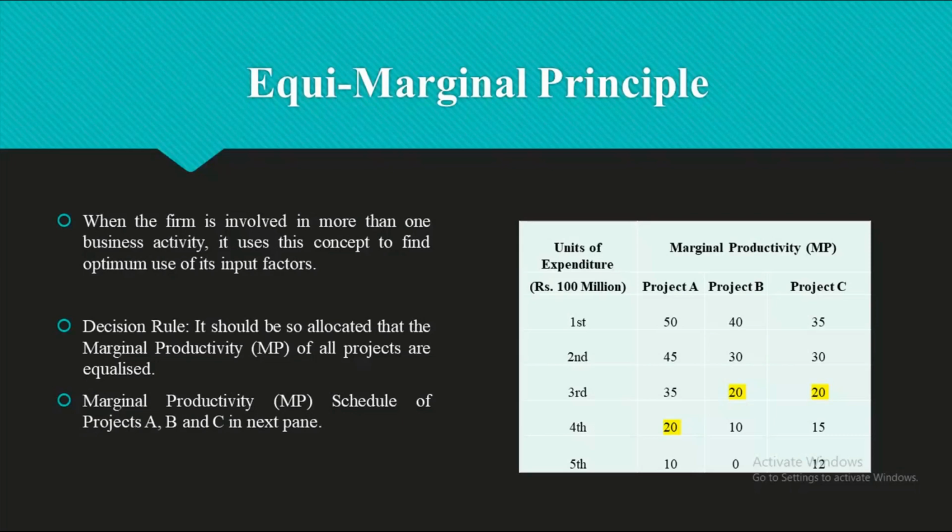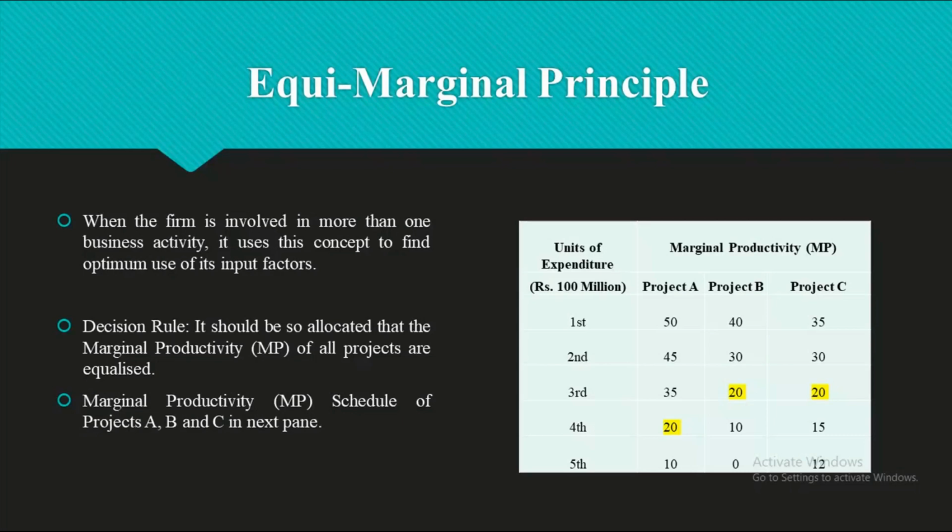If you look at the table, it says that project A is giving 50 in terms of millions of rupees, or simply utils, you can say 50 utils of marginal productivity. I'll discuss the concept of utility in the next chapter.